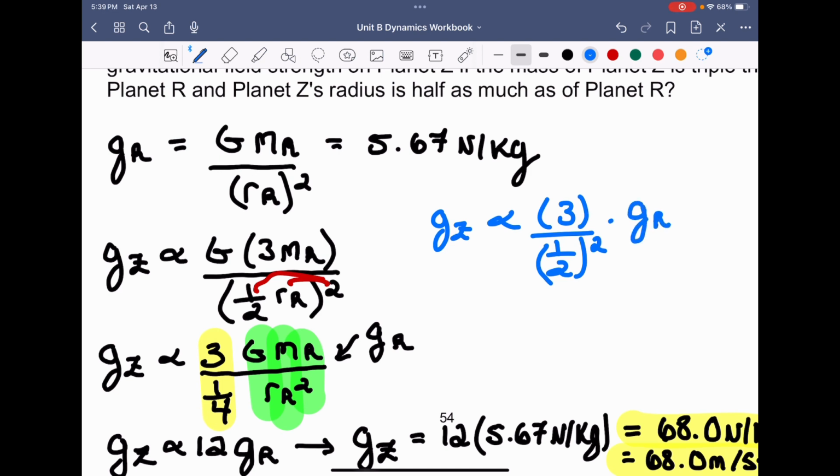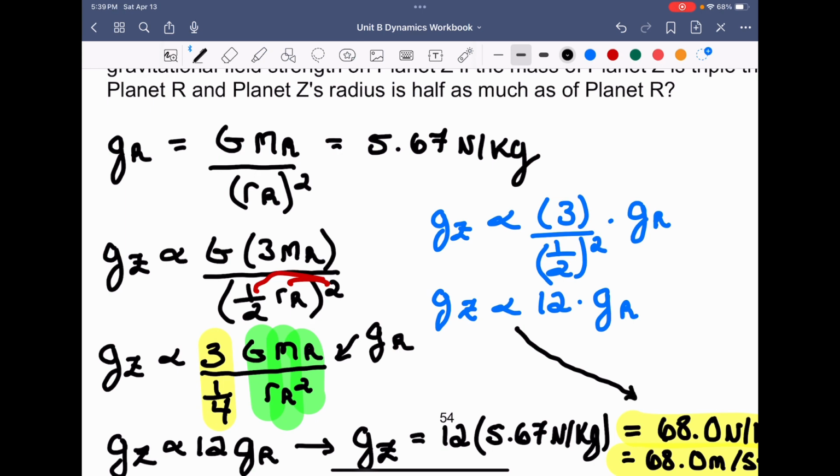Because we're saying that gz is proportional to this change in gr. Now, if I do this, I'm going to get gz is proportional to 3 divided by 1/4, which is, again, 12 times gr.